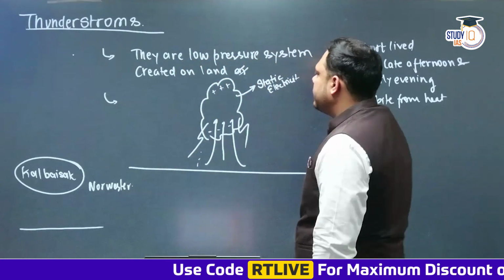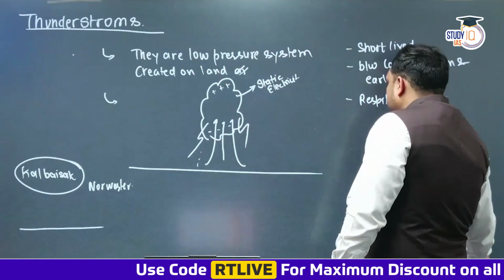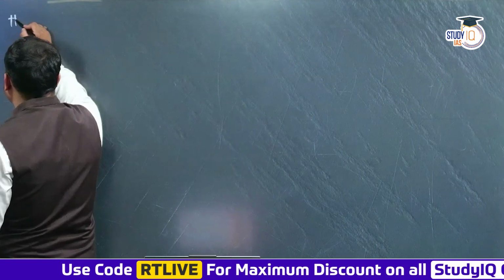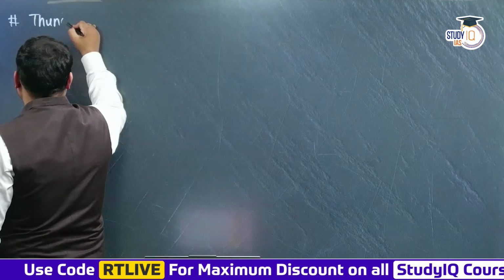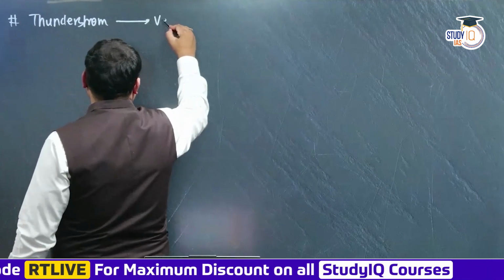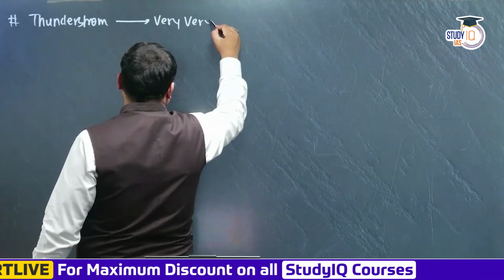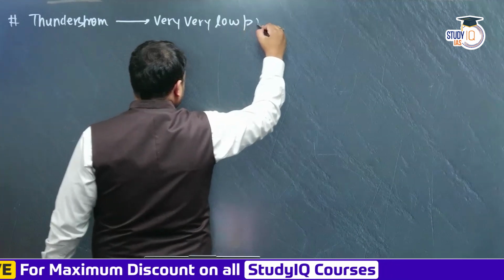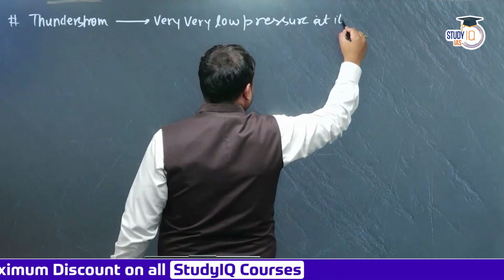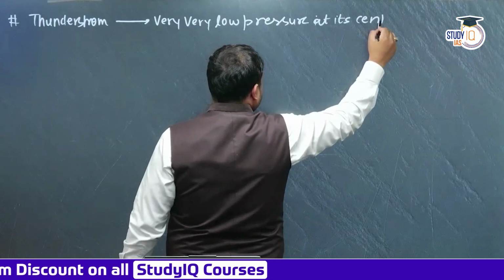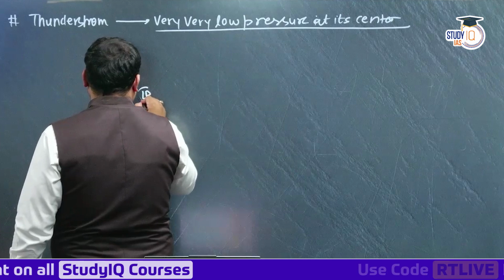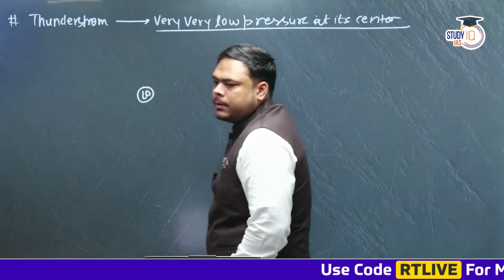Please understand. Fine. Now, guys, if these thunderstorms have very, very low pressure at its center, then what will happen? The low pressure is very, very less. What will happen?